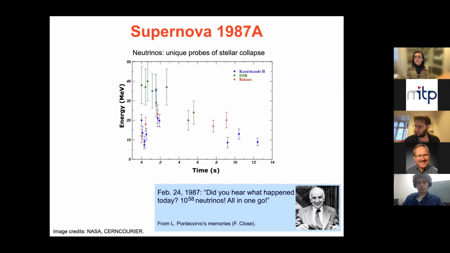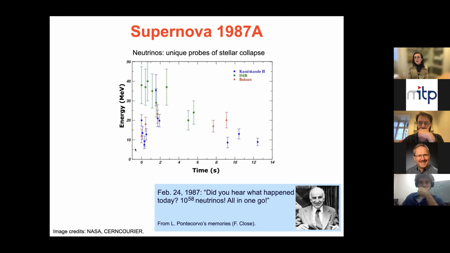Now, as Georg also mentioned, we have up to now observed only one of these supernovae in neutrinos. This was supernova 1987A that exploded relatively close to us in the Large Magellanic Cloud. We only saw a bunch of neutrino events, but this was the first probe of the stellar collapse.